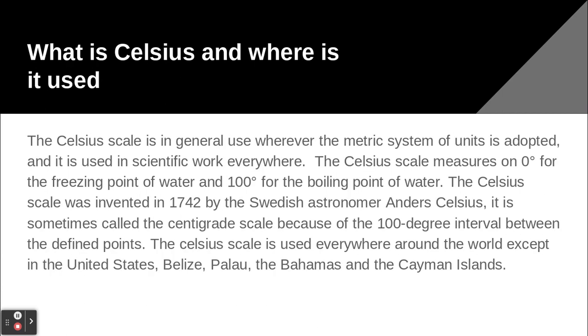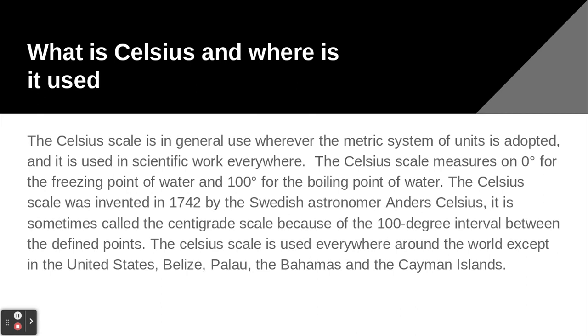What is Celsius? The Celsius scale is in general use wherever the metric system of units is adopted, and it is used in scientific work every day. The Celsius scale is measured with 0 degrees for the freezing point of water and 100 degrees for the boiling point of water.